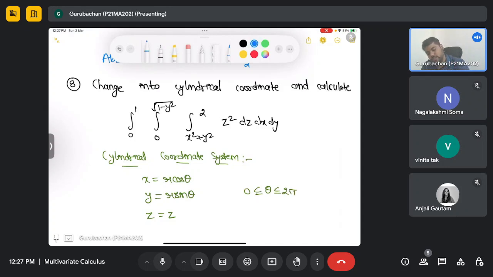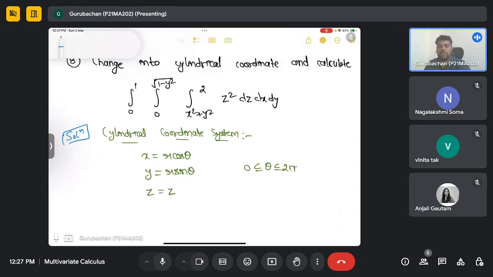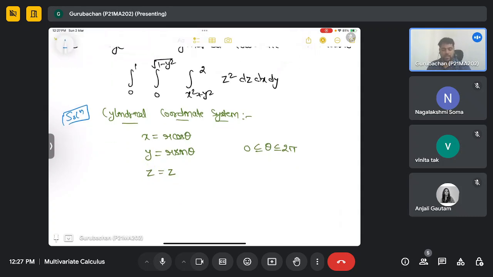So this is our cylindrical coordinate system. We need to convert our triple integral into this cylindrical coordinate system. Then we will calculate the value of this particular integral. So try this. Try this one.